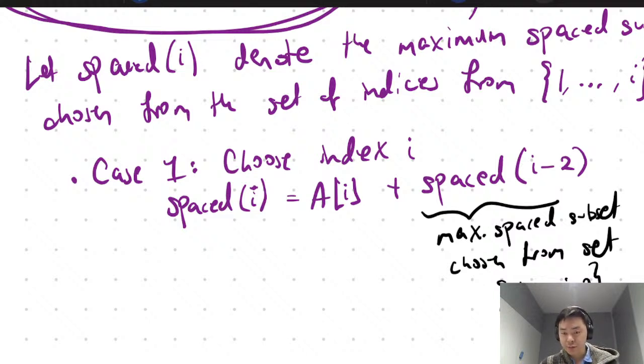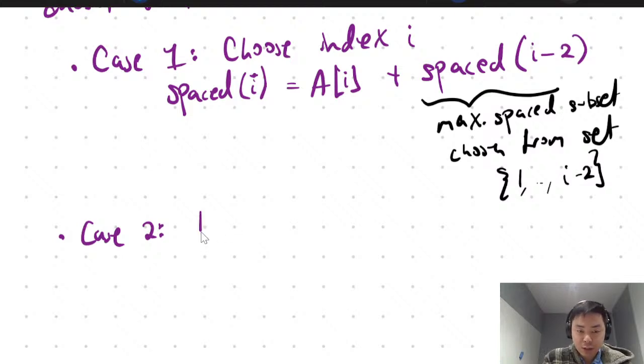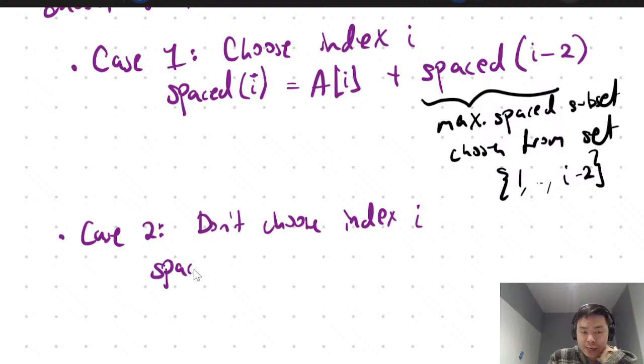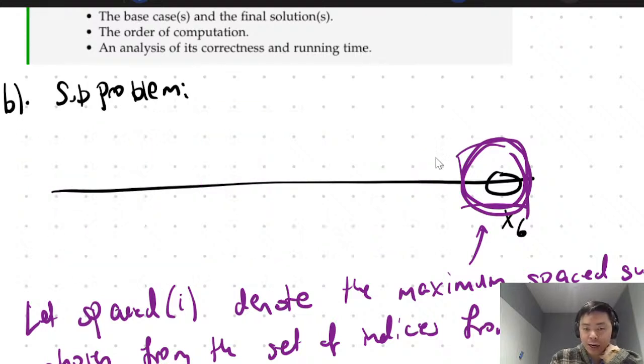Yeah, so Francis has said it correctly. Space I minus 2. Cool. So this is the first case: I choose index I, then I take A of I plus space of I minus 2. But in the second case, if I don't choose index I, then the problem just reduces down to choosing the elements from 1 to I minus 1.